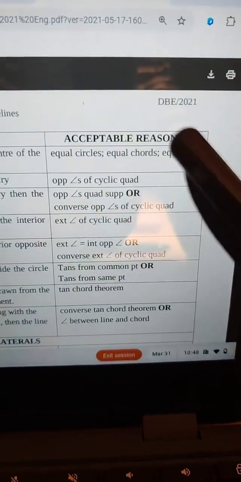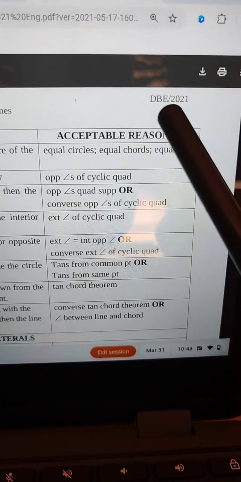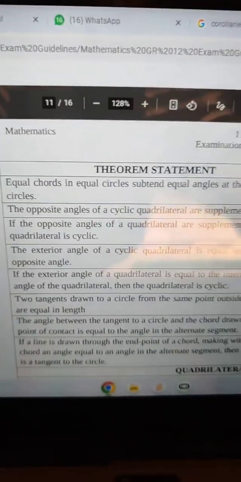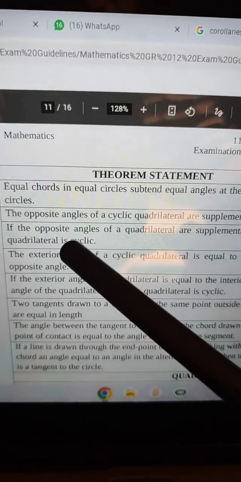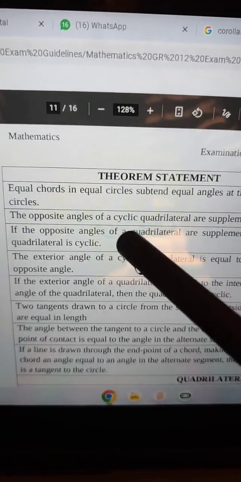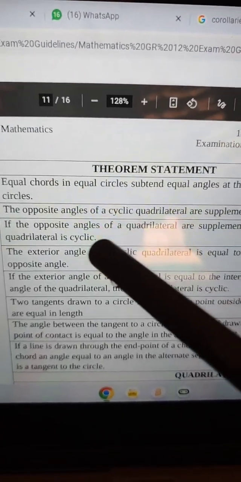Guys, this is not coming from me. This is from the acceptable reason document, which is from the Department of Basic Education. I'm not writing this myself. So this is one of the ways in which we prove that a quadrilateral is a cyclic quad.